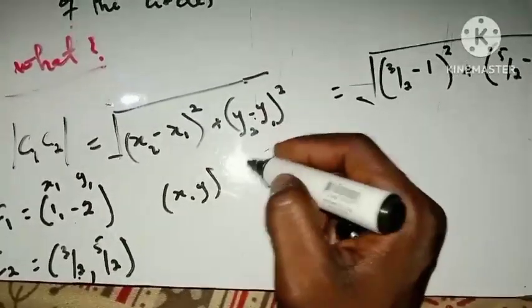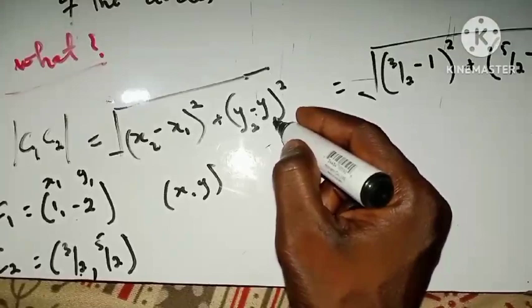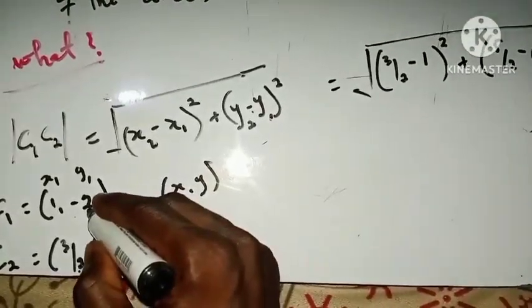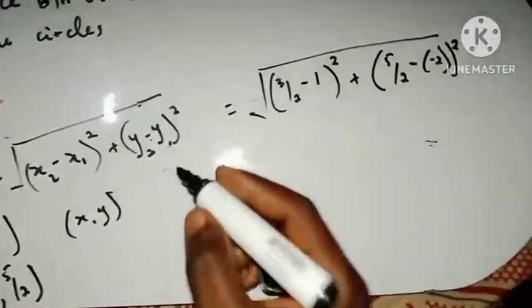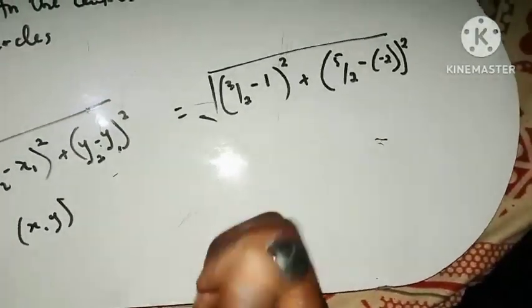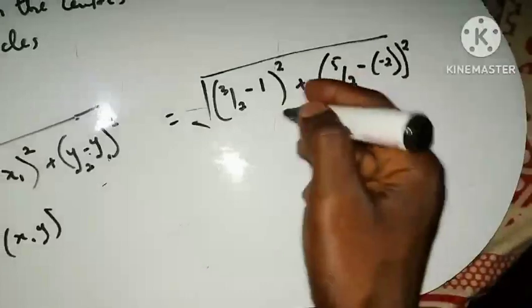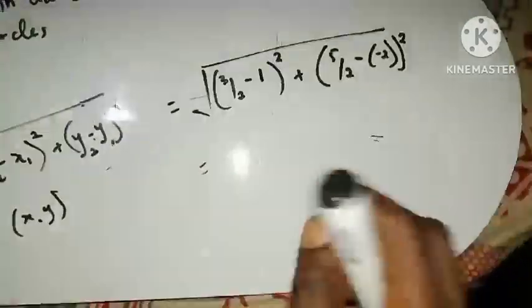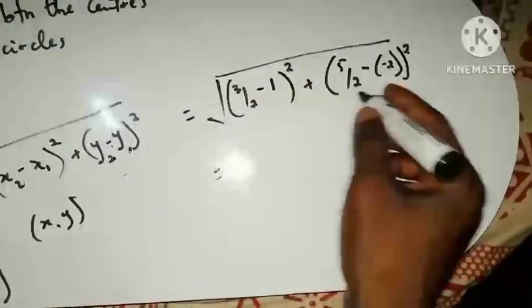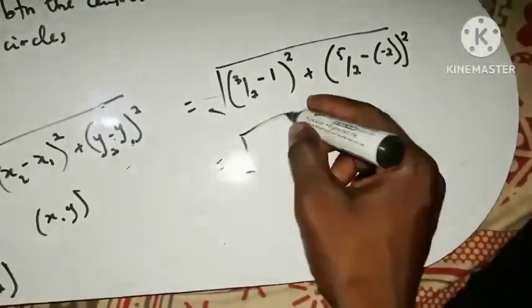So put in the whole negative 2 where you see y1. Be very careful when you are dealing with negative numbers. Solving this, maybe you may pause and come back and write the answer here. If you have any question dealing with this calculation, don't hesitate to comment.